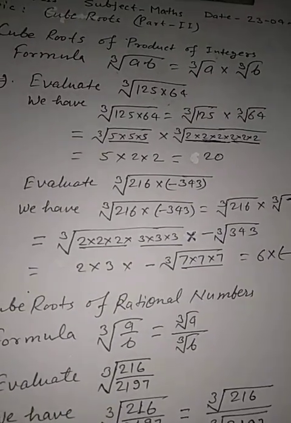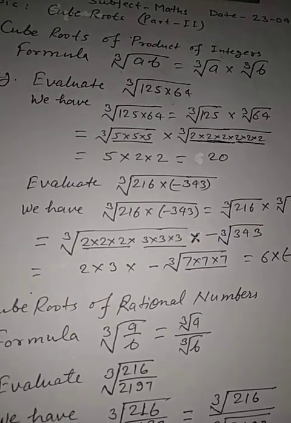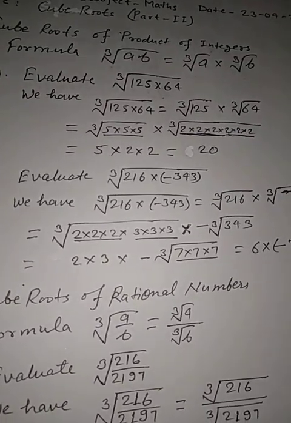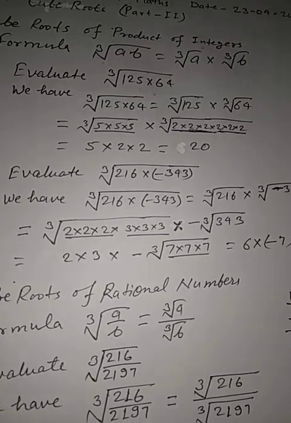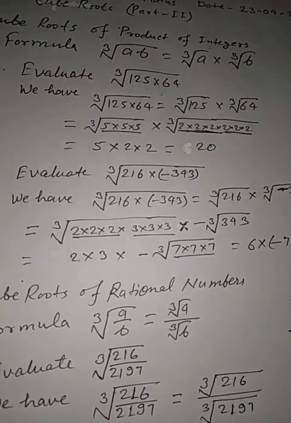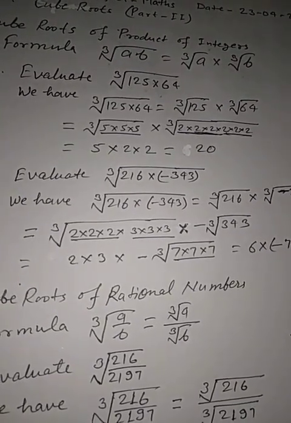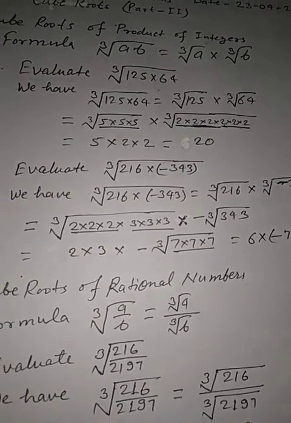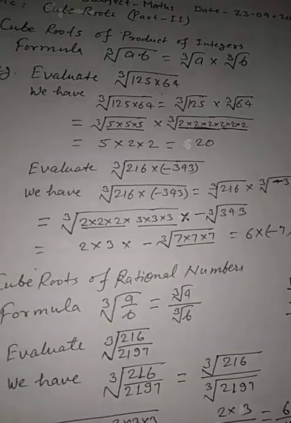But here we are not talking about 0, as you know the cube root of 0 is 0, nothing else. We are talking about negative or positive integers, only the product of integers.